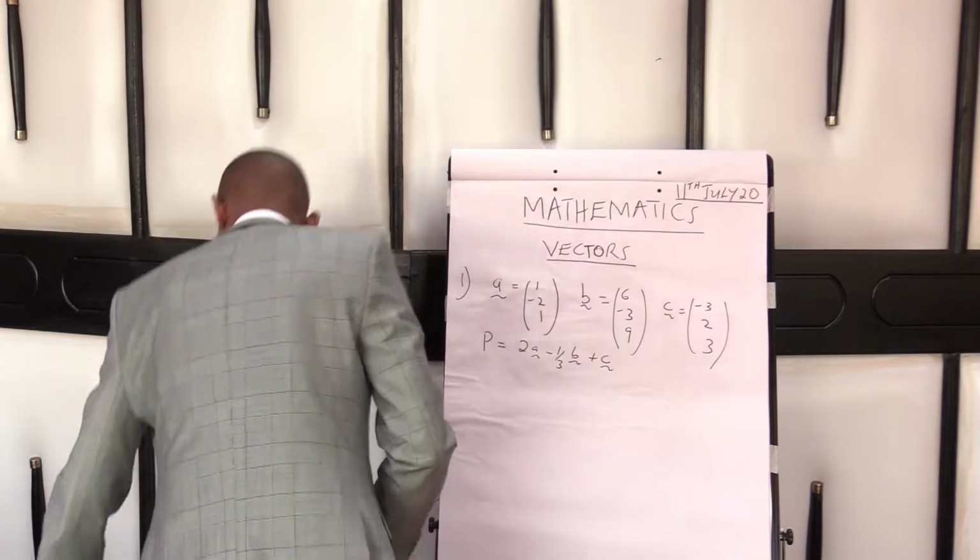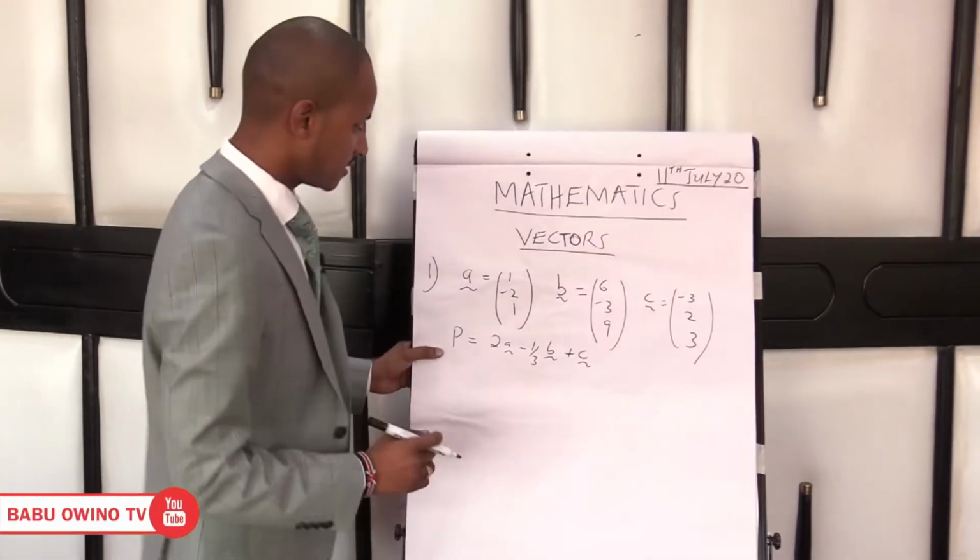That's 2 marks. Express P as a column vector.